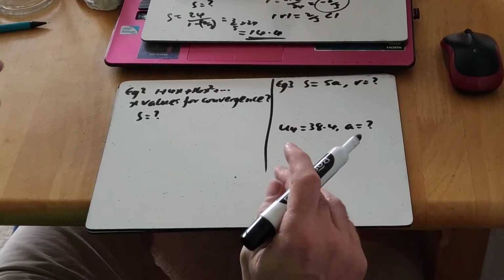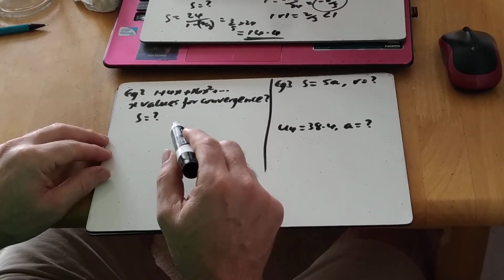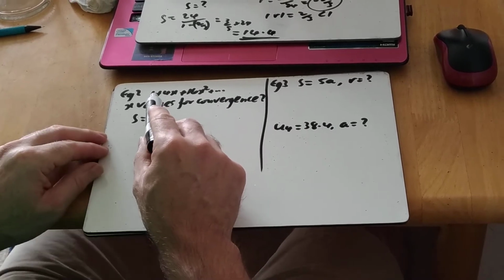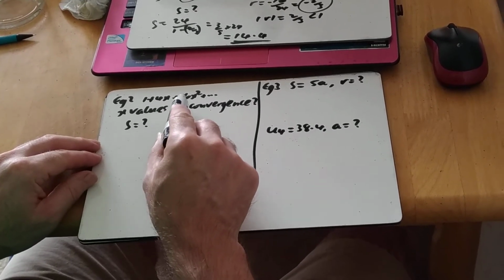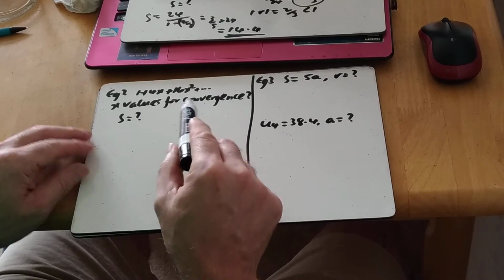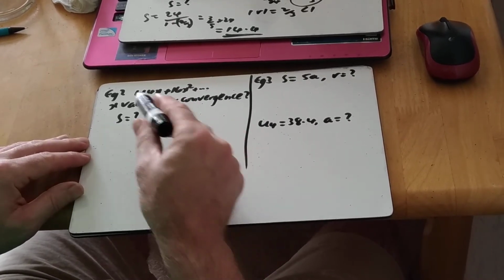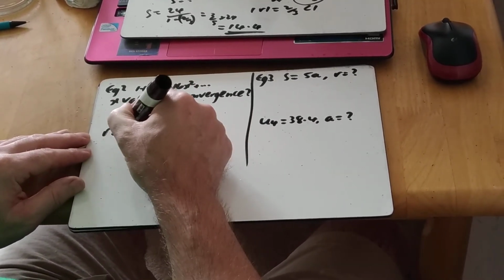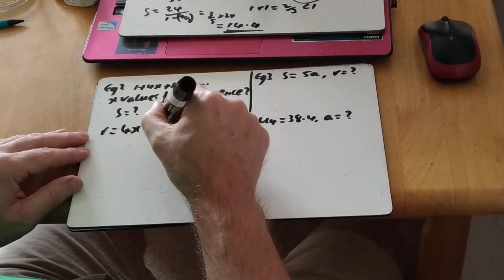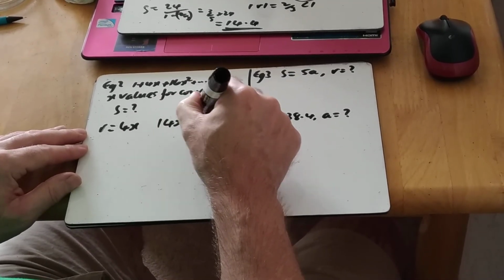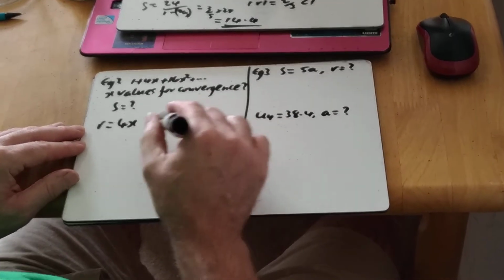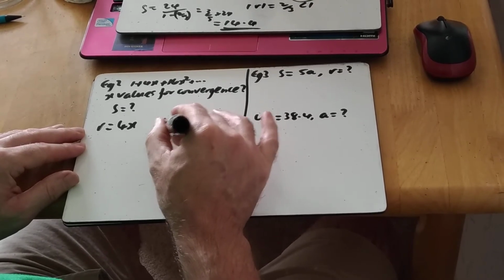Example 2, he wants the x values for when this one converges, where the terms are in terms of x: 1 plus 4x plus 16x squared and so on. When does it converge? Well, the r in this case is just 4x. Mod r has to be less than 1, so mod 4x is less than 1. We tend not to leave any constants in there.